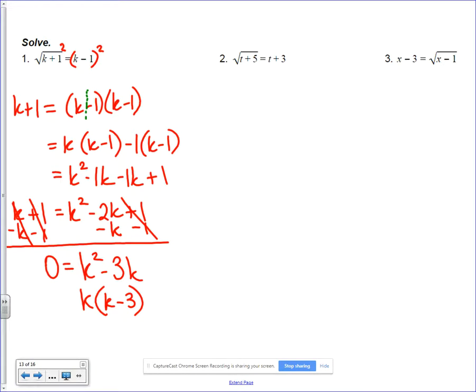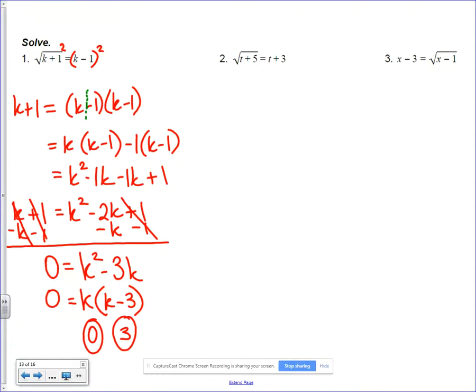Everybody good with this? Do I have any more squareds left in there? Which means I can't factor it any further. Which means now you need to tell me my answers. What answer does this give me? 0, right? What answer does this give me? 3. So I got to figure out which one of those don't work, because one of them is extraneous.